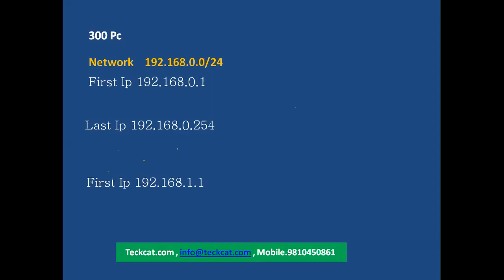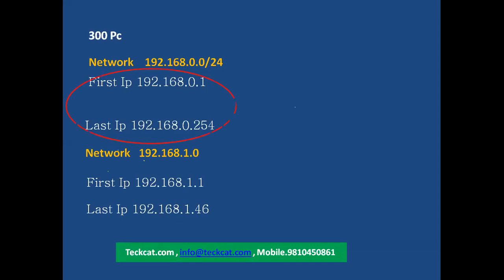But the next IP is 192.168.1.1, and this IP belongs to a different network. Because if you have only 8 host bits, you can't assign IP addresses to 300 computers because your network will change here. Now do you understand, brother?